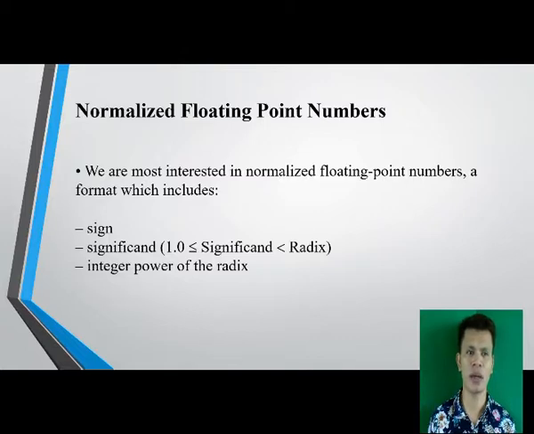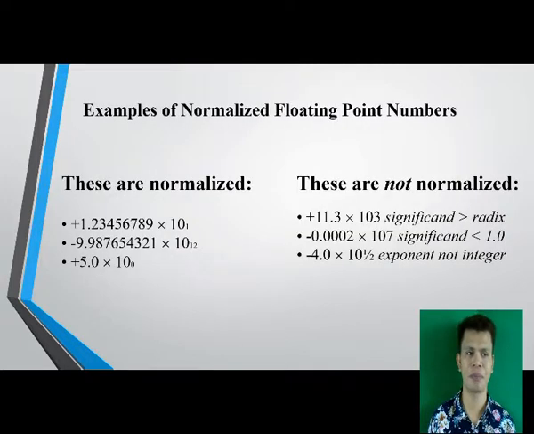Normalized floating point numbers. We are most interested in the normalized floating point numbers, a format which includes sign, significand, and integer power of the radix. Examples of normalized floating point numbers: positive 1.23456789 times 10 to the 1, negative 9.987654321 times 10 to the 12, and positive 5.0 times 10 to the 0.